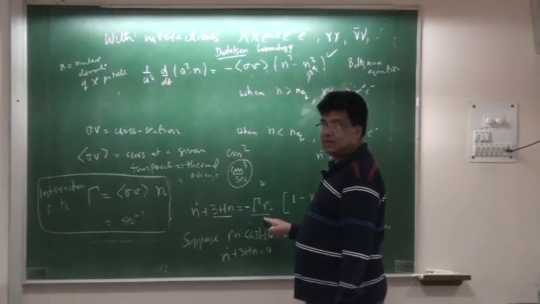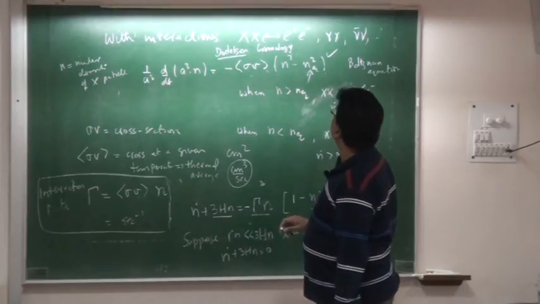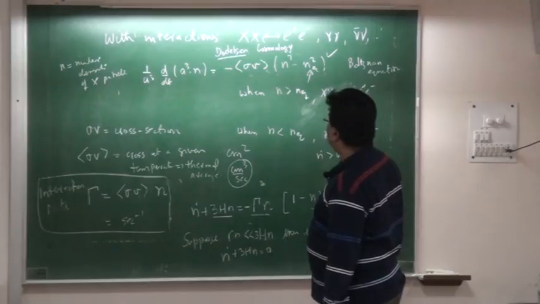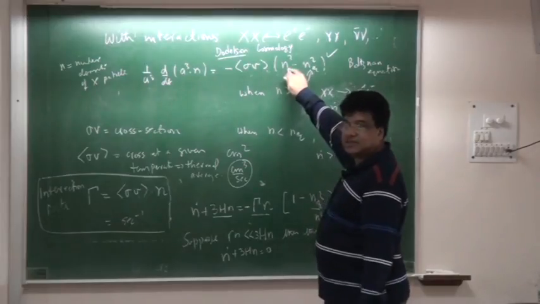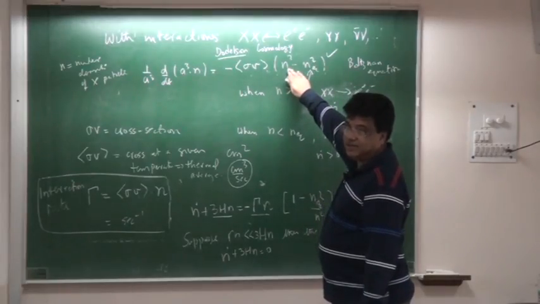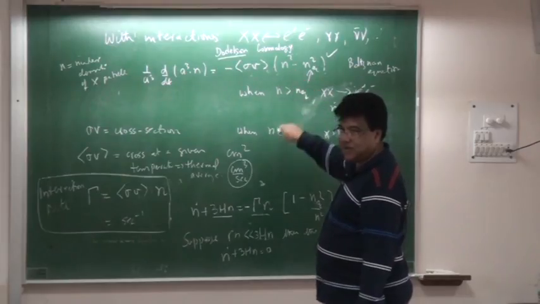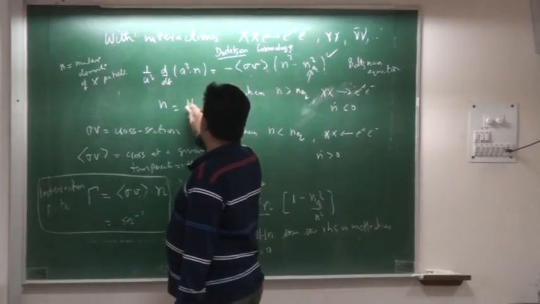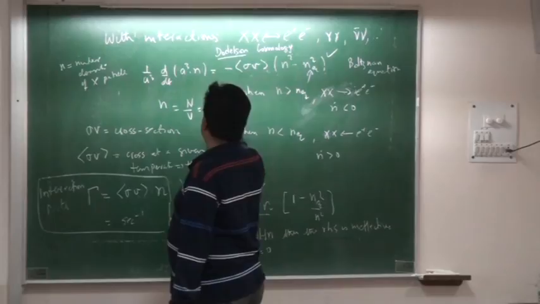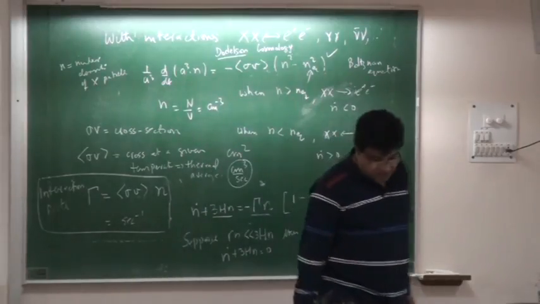Sigma v is centimeter cube per second, n is centimeter to the minus 3, so please keep checking, that's good.